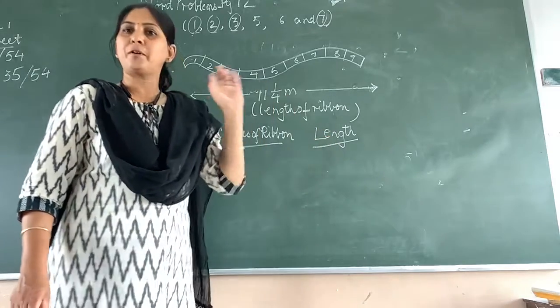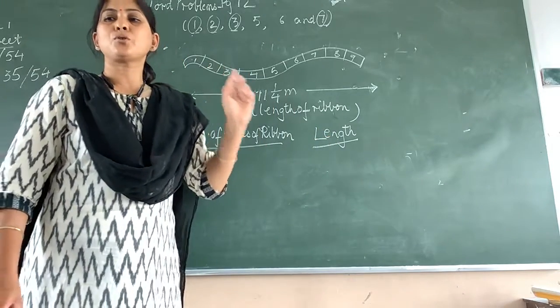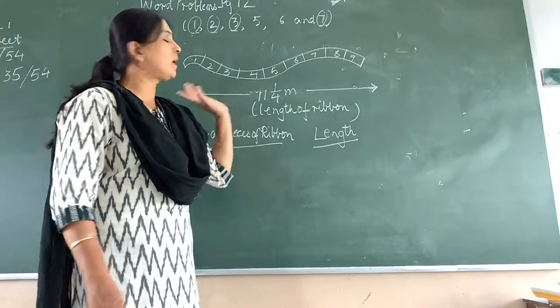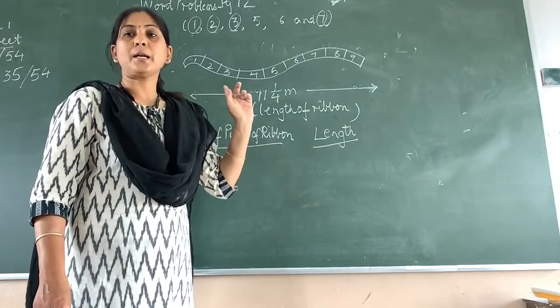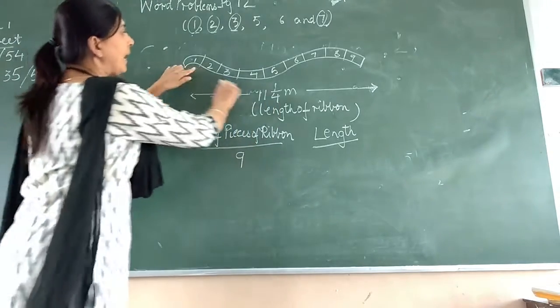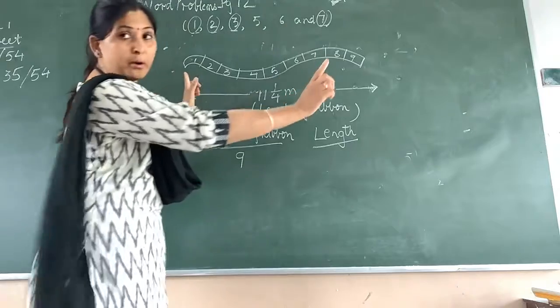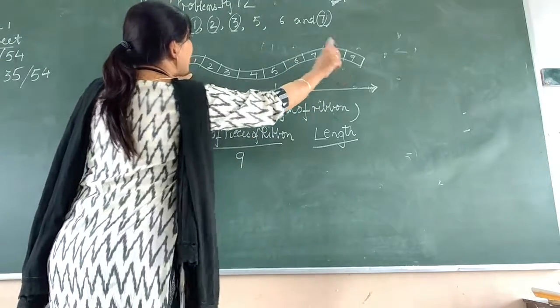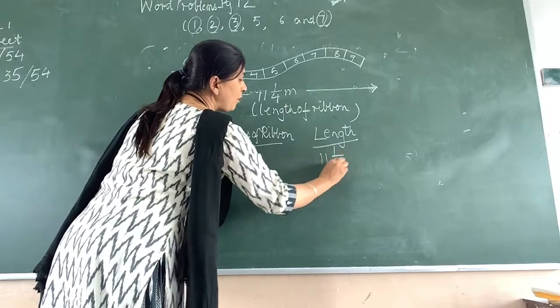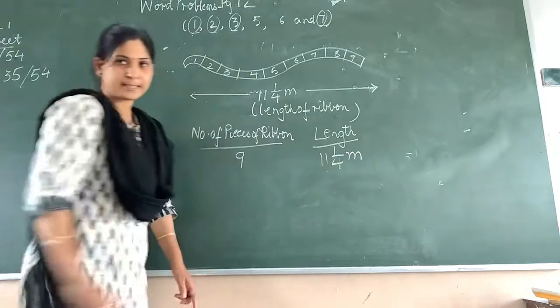Now let's read the first sentence once again. Sushma had 11 whole 1/4 meter long ribbon. She cut it into 9 equal pieces. So 9 pieces together make up the whole ribbon. So the length of 9 equal pieces together is how much? 11 whole 1/4 meter. Isn't it?